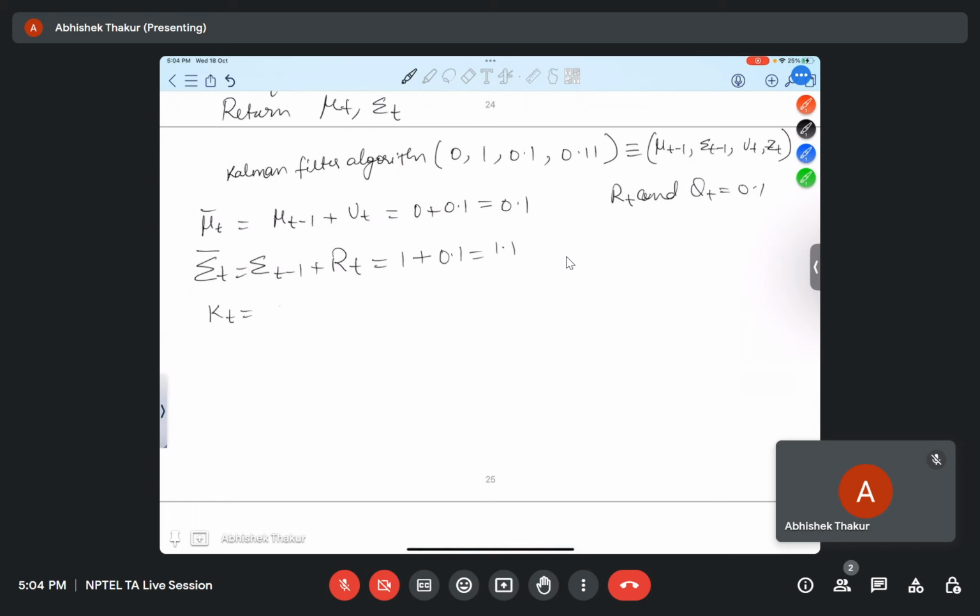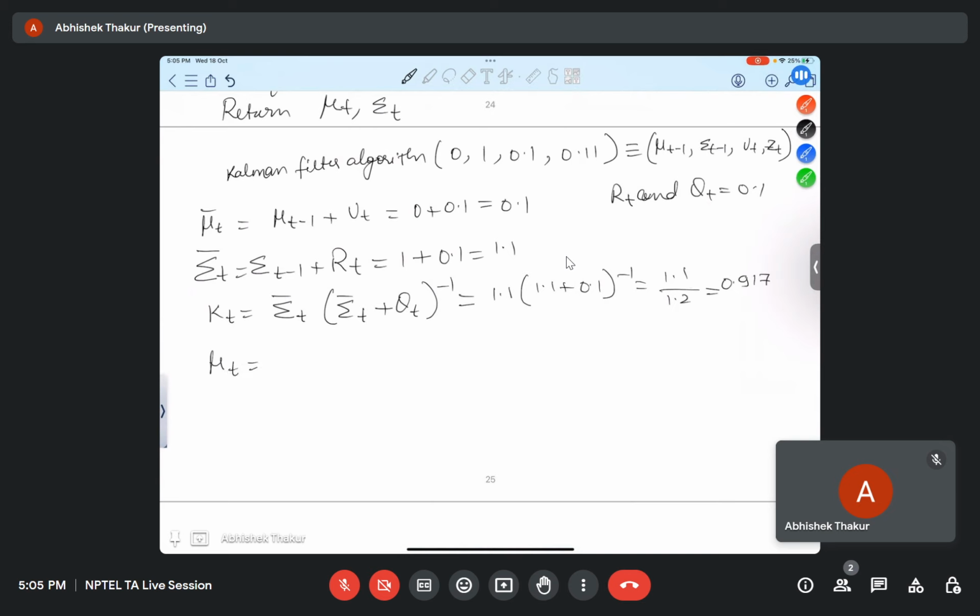Kalman gain Kt is given as sigma bar t times sigma bar t plus Qt, inverse. So this is 1.1 into 1.1 plus 0.1 inverse. It will be 1.1 by 1.2 equals 0.917.